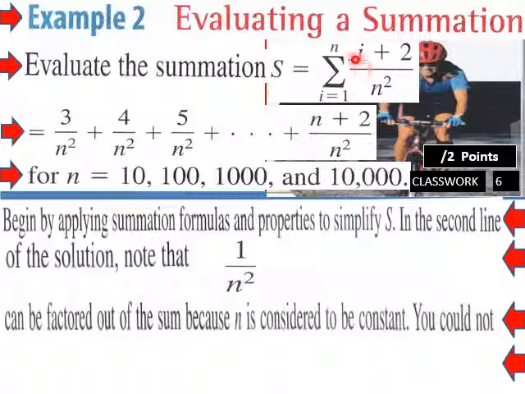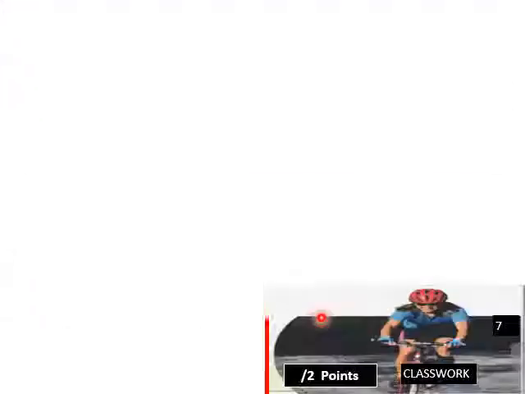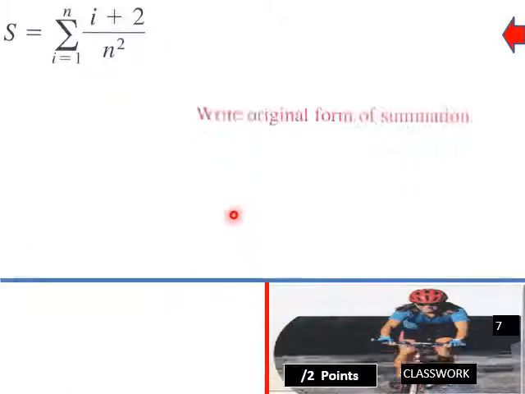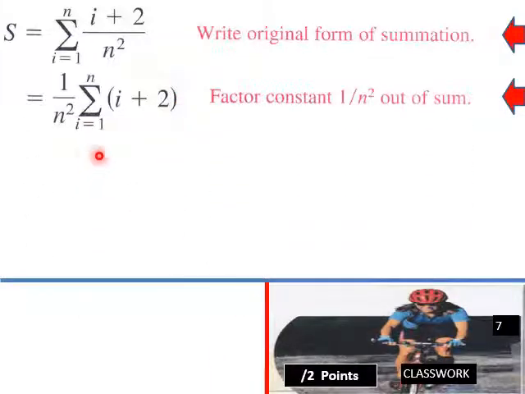So this will be our index of our summation here. Okay, so knowing that, here's our original form of the summation. Then factor constant 1 over n squared out of the sum. So we're going to put this out in front, and then we end up with this here, i plus 2.